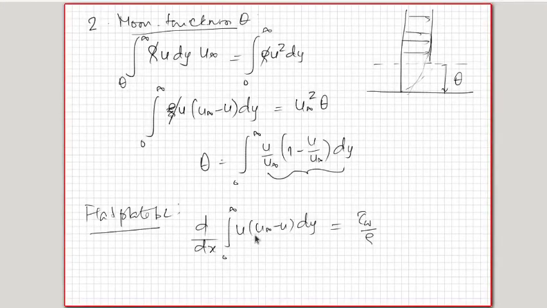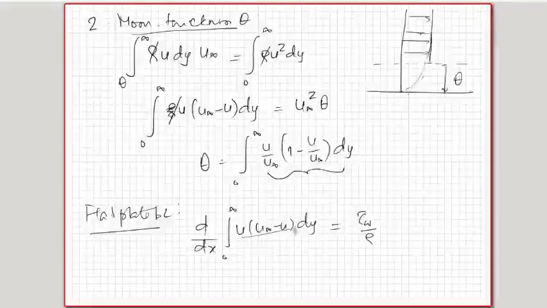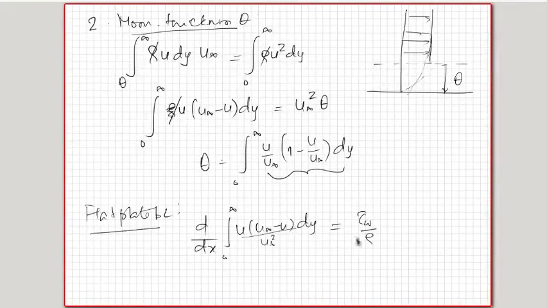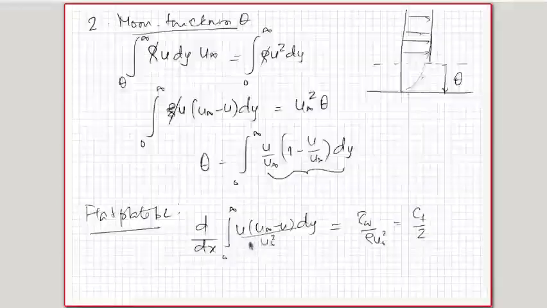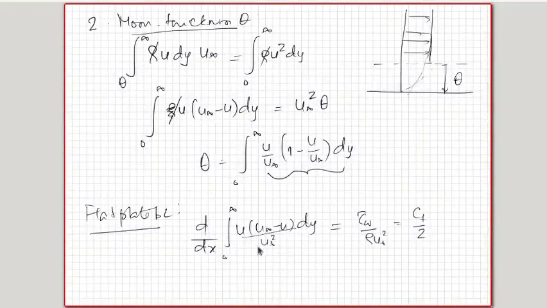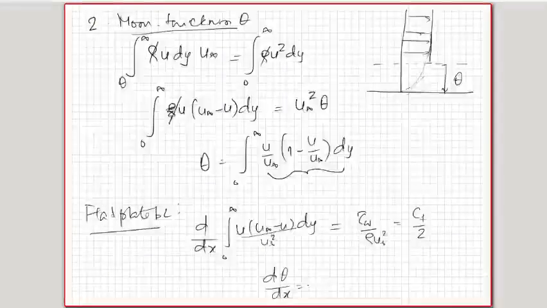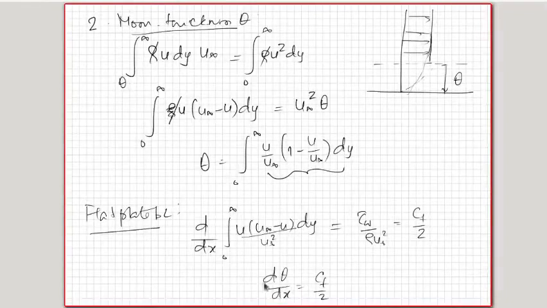So what happens is, if I divide throughout by u infinity square on both sides, then on the right hand side you have Cf by 2, and on the left hand side you have d theta by dx. So d theta by dx is equal to Cf by 2, which is the momentum integral equation for the flat plate boundary layer as we have derived earlier.